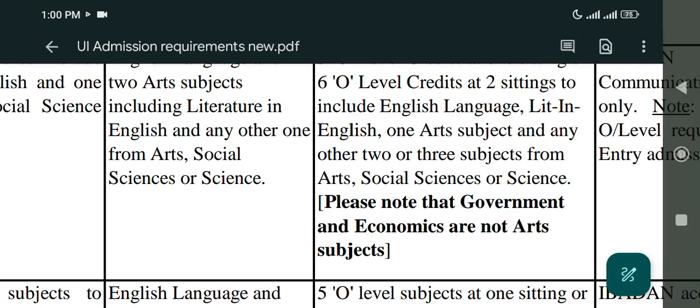So if you are having English and literature in English, you must have either history again or Yoruba again, making two compulsory art subjects. So after English language compulsory, you must have two art subjects, including literature in English.